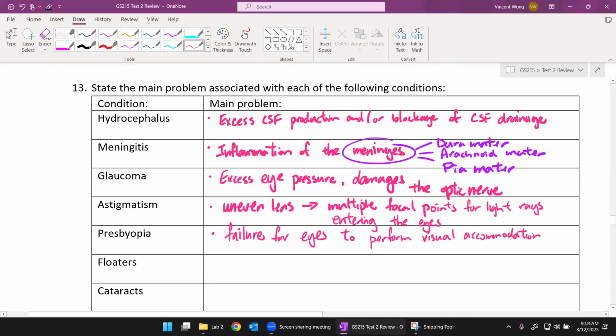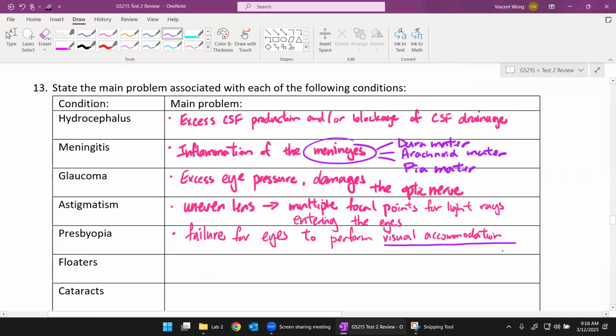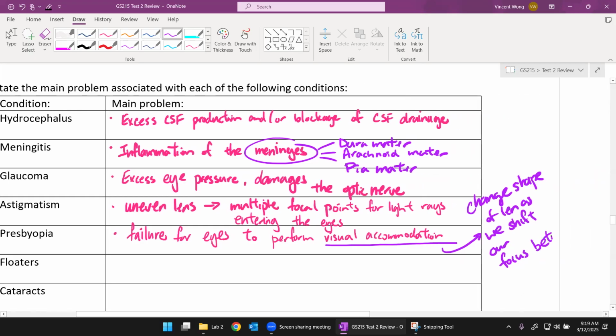Okay, so visual accommodation is to change the shape of the lens to maintain focus as we shift our focus between far away and nearby.